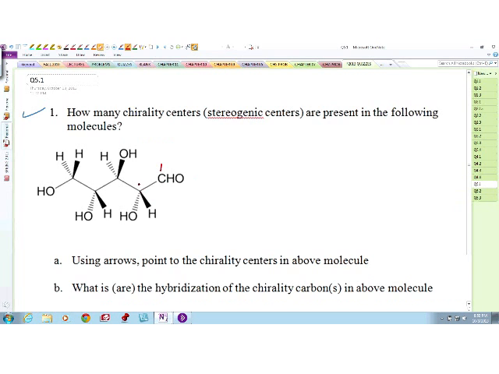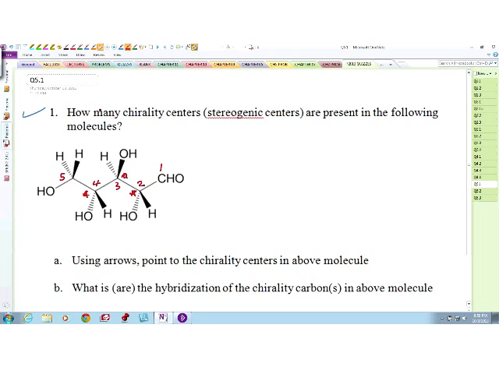This is carbon 1, carbon 2, carbon 3, carbon 4, carbon 5. Okay, which are the 3 carbons? 2, 3, and 4. Okay, very good. So 2, 3, and 4, this here and this here. Those are the chirality carbons.